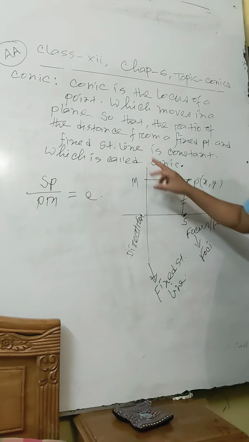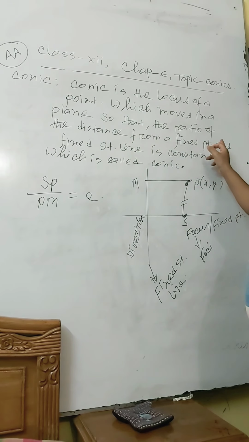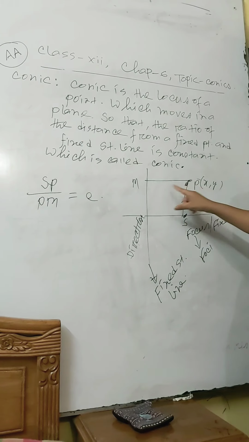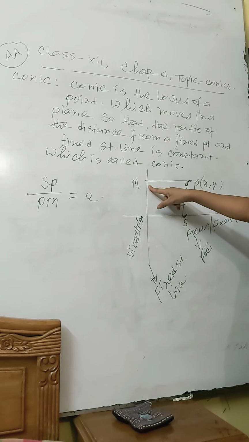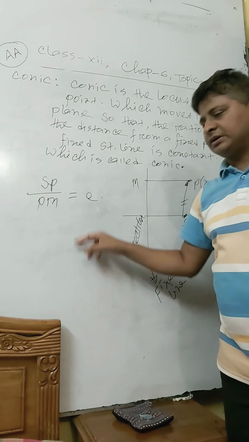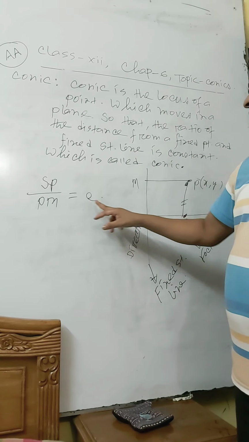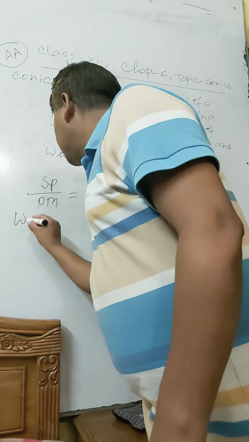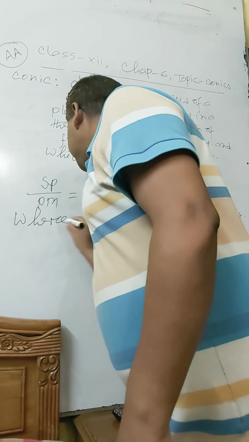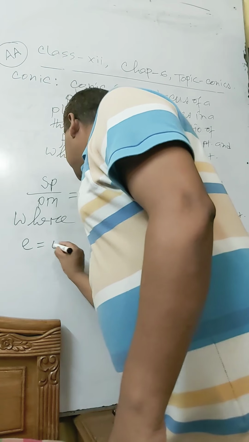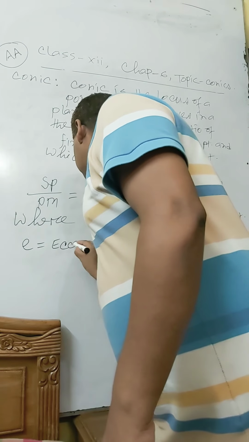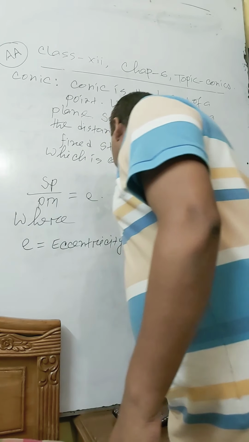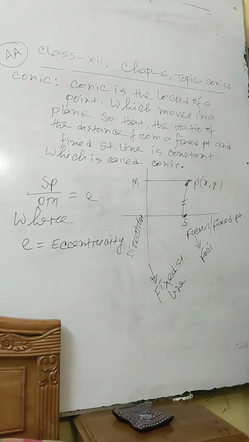Again, I repeat: the ratio of the distance from the fixed point to the moving point and the moving point to the directrix is always constant. This constant ratio is generally denoted by e, where e is known as eccentricity.